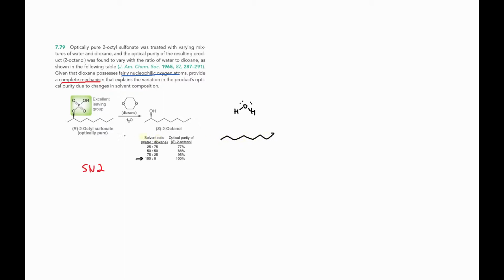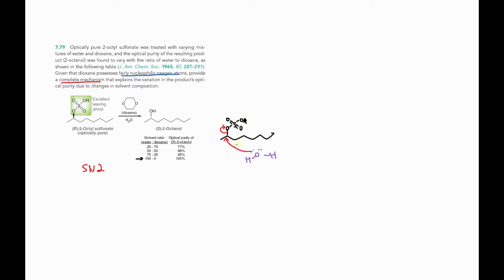the alpha carbon, and we have a leaving group. Water with a lone pair is going to attack that alpha carbon, and we have a concerted process in which the leaving group leaves.